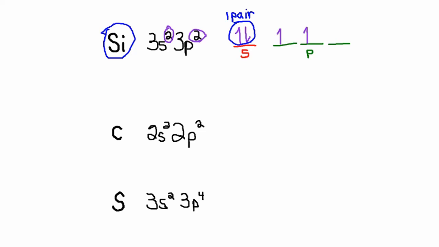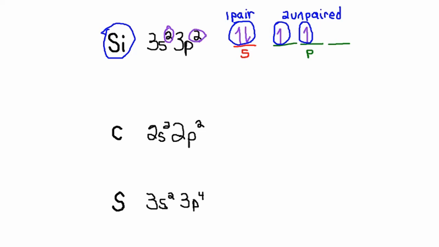And then we're going to look up at this P, and we have two lonely arrows in separate orbitals for P. So these are two unpaired electrons. So the pair is complete.